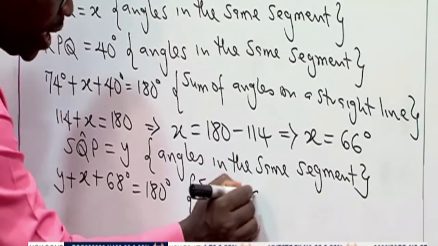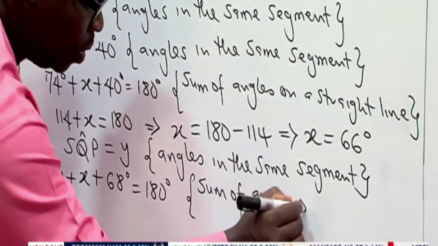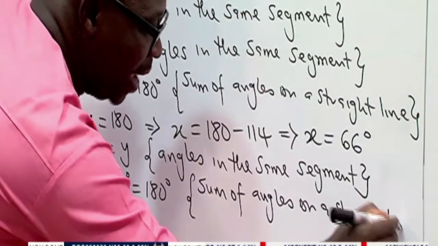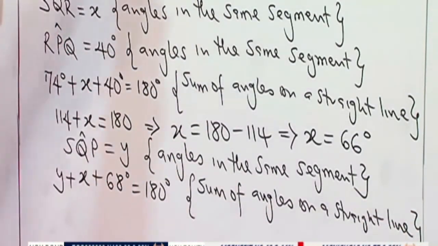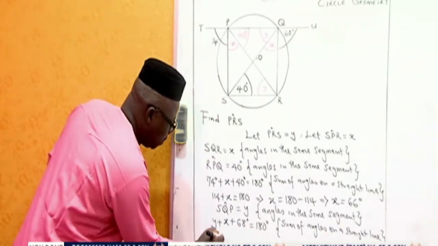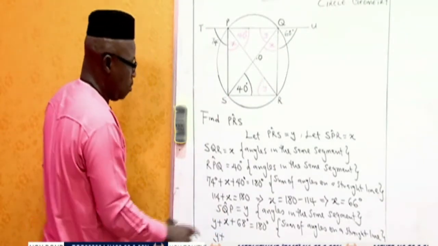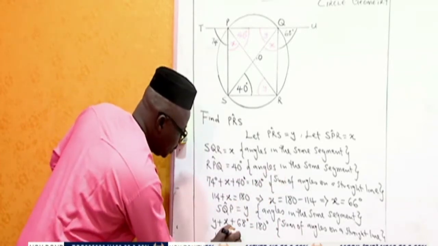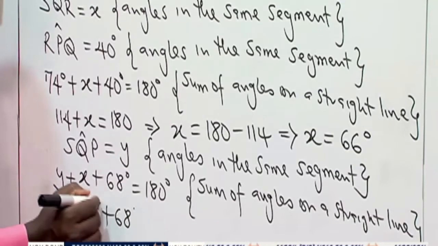Sum of angles on a straight line, because this is a straight line. So angle y plus angle x. Our angle x is 66, then plus 68.